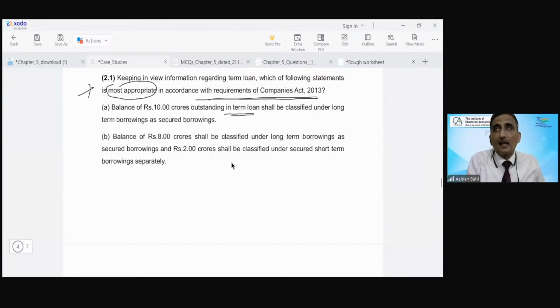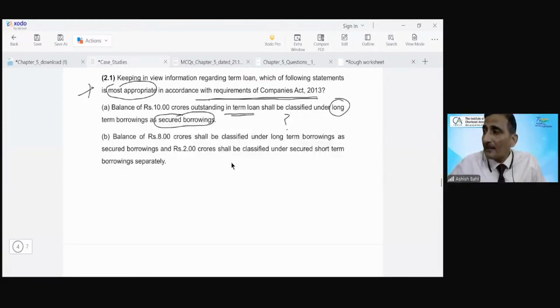Obviously, as on 31st March 24, 10 CR was outstanding. Shall be classified under long-term borrowings as secured borrowings. So it was secured definitely by mortgaging residential property of director. But whether this is right or wrong, this we have to see.